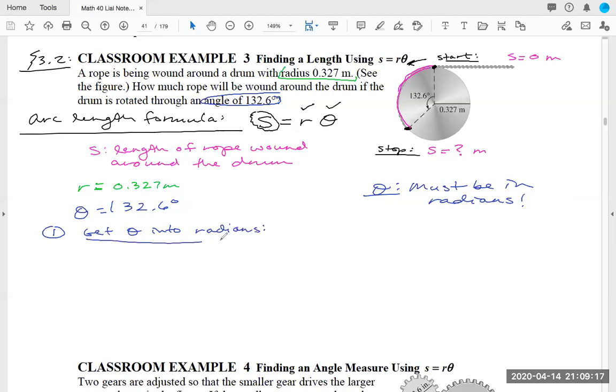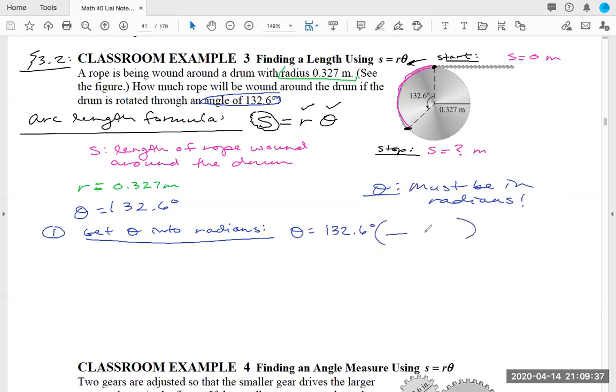This is just one way to do it. You could do all of this in one step if you wanted to, but I would recommend doing whatever's comfortable for you. So get theta into radians. We have theta equaling 132.6 degrees.